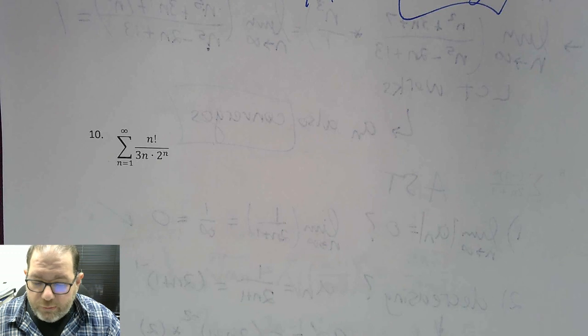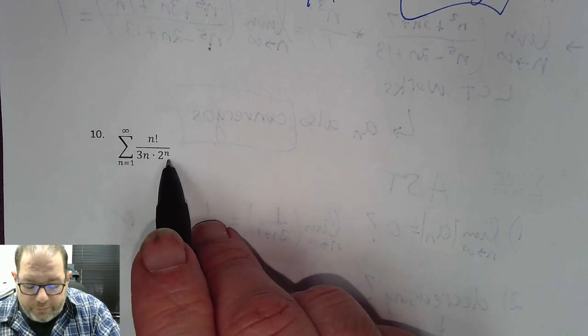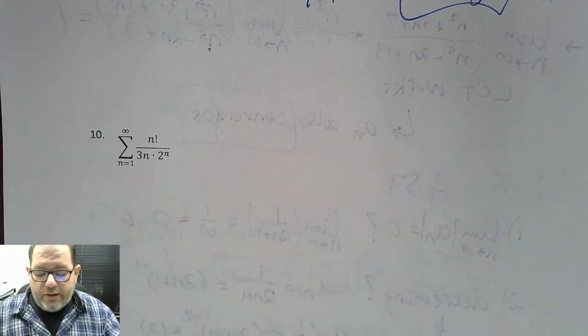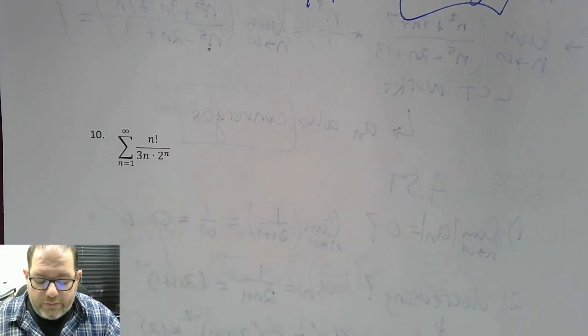Now, anytime we see this kind of assortment of terms together, where we have a factorial, we have an exponential, we have a polynomial, this just tells us ratio test. That's really the only thing we can do here.